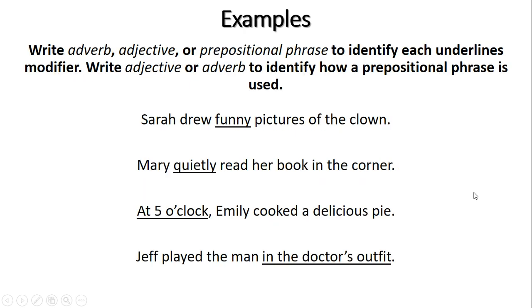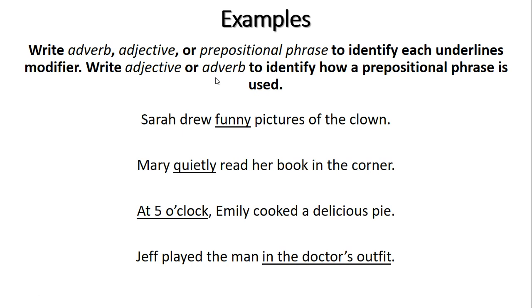All right, let's do a couple of examples. This is going to be very similar to what is going to be on your sheet for today. They're going to say, write down adverb, adjective, or prepositional phrase to identify each underlined modifier. If you write down prepositional phrase, they also want you to write adjective or adverb to tell how that prepositional phrase is being used.